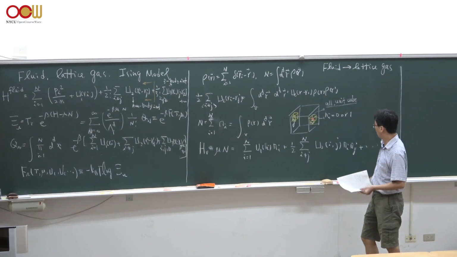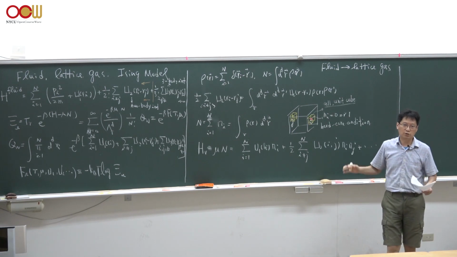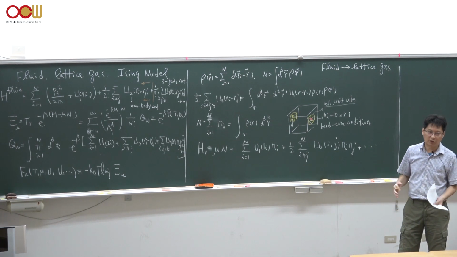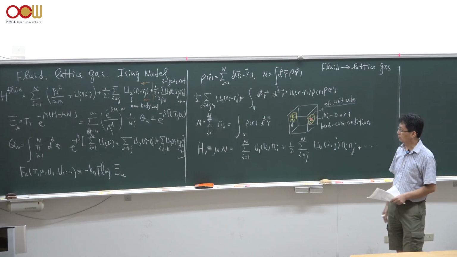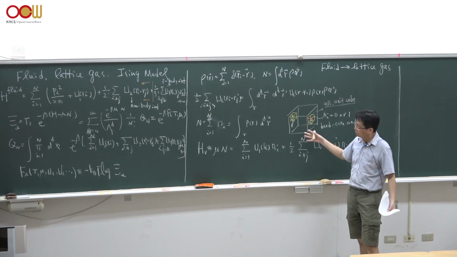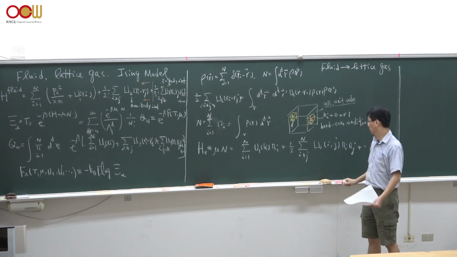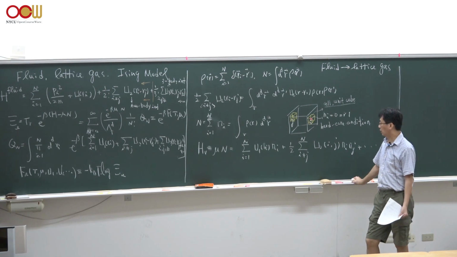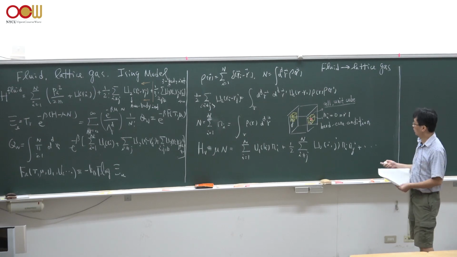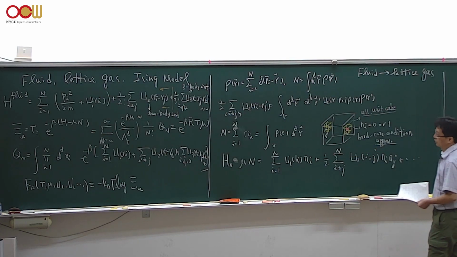So this is called the hardcore condition. And this hardcore condition is an approximation to the fluid system, where you know that in the real fluid, all those molecules can actually freely occupy any space. So this hardcore condition is just an approximation to the real fluid system.